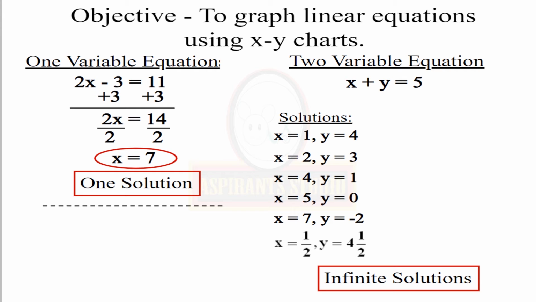When you give x is equal to 1, you get y is equal to 4 when you solve this equation. Now put x is equal to 2 in this equation, x plus y is equal to 5, you will get y is equal to 3 after solving the equation. Now, if you put x is equal to 4 and so on, any number, if you take for x and find out the value of y, you will get infinite solutions. So for a two variable equation, you get infinite solutions.